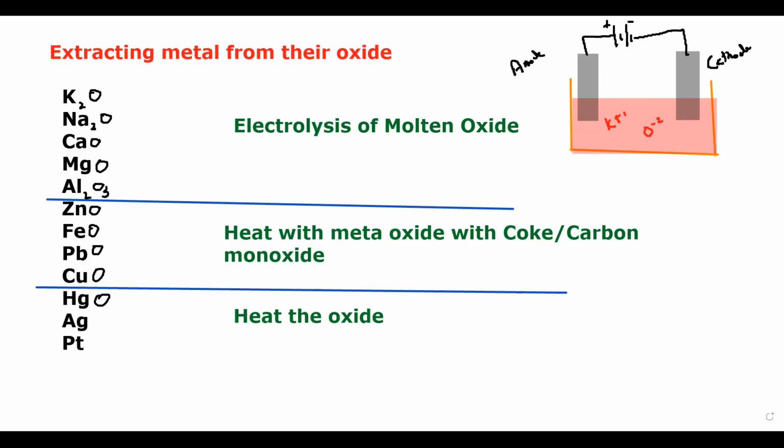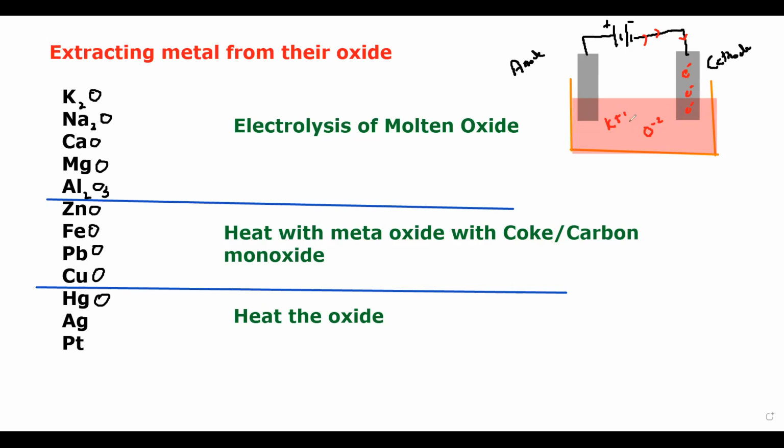Now what happens is that from the negative terminal of the battery, the electrons will travel and come out. So the majority of the electrons will be on the cathode, and electrons are negative. So which ion will they attract, potassium or oxygen?